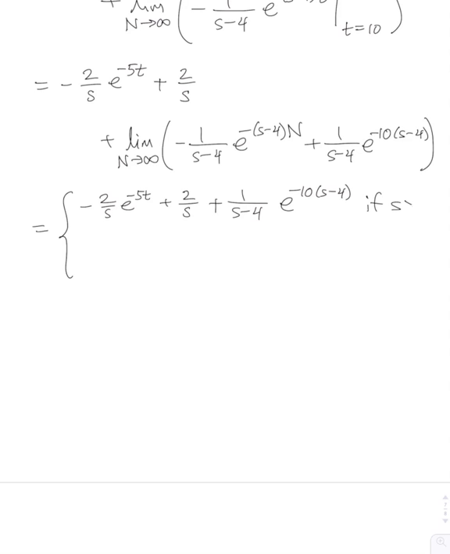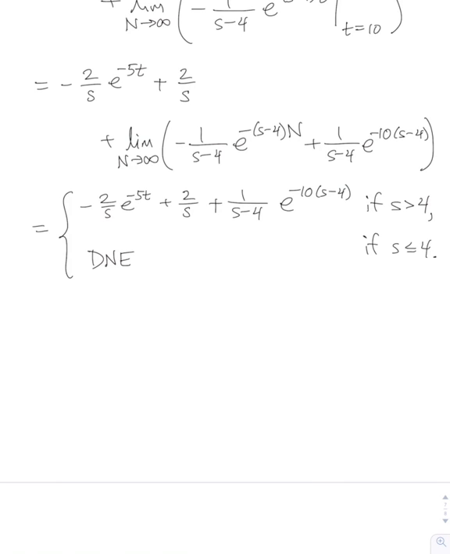So that's true when s is bigger than 4. When s equals 4, this thing is undefined. We're dividing by 0. And when s is less than 4, then the exponential that has the n in it goes to infinity. And so in either case, the limit does not exist if s is less than or equal to 4.